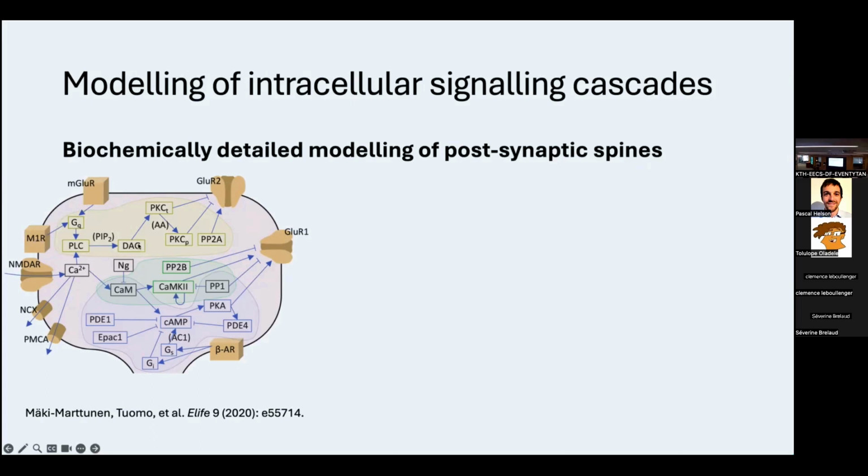And that leads to PKC activation, which can phosphorylate GLUR1, so AMPA receptor type 2 receptor. And that leads to endocytosis of this receptor. And then we have CAMK2, which also phosphorylates GLUR1 receptors, and that increases its single channel conductance.